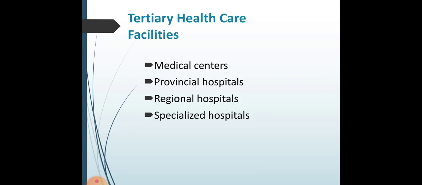Provincial hospitals, regional hospitals, and specialized hospitals. So basically, these are the levels of healthcare as well as levels of healthcare facilities which we could avail depending on our sickness and diseases.